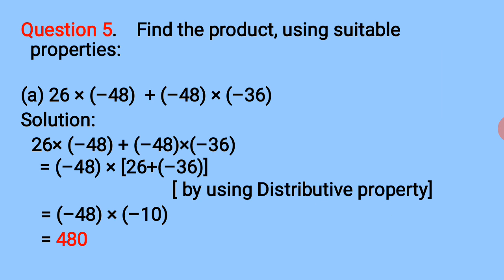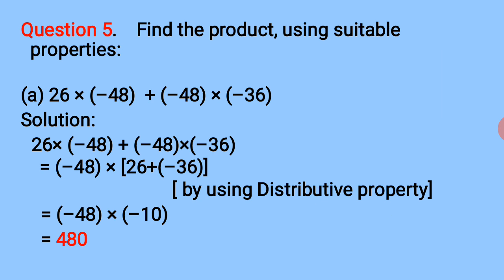One is the use of properties that I'll be explaining. The other, which you already know, is to multiply 26 by minus 48 and get an answer. Then multiply minus 48 with minus 36 and get another answer. Finally, you add those two and get the final answer.